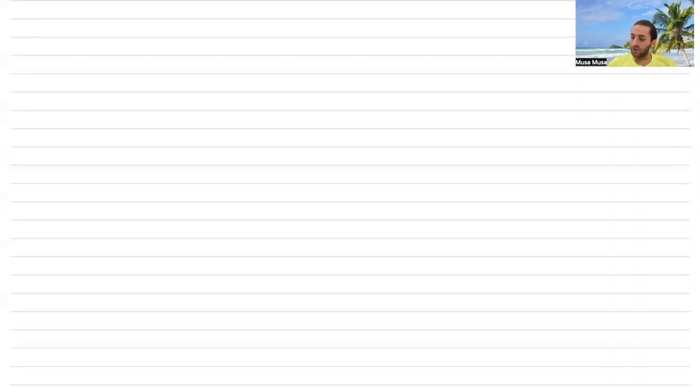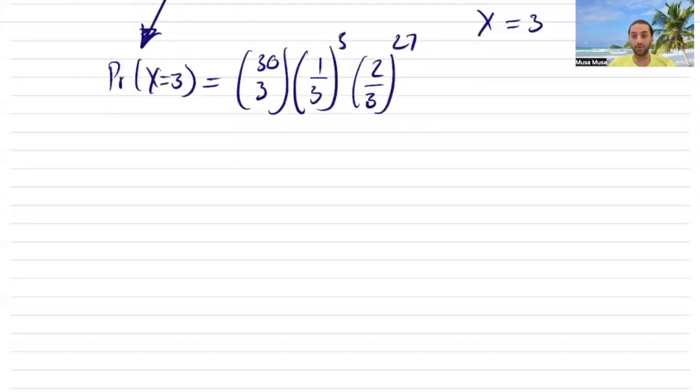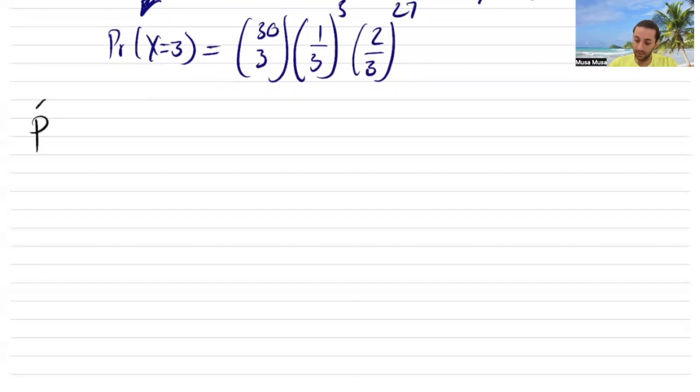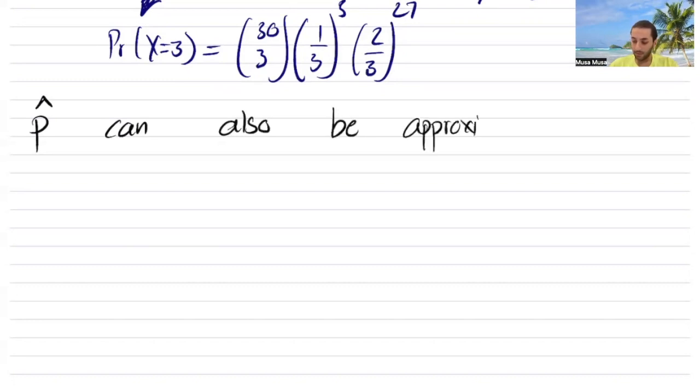Well, just like our binomial distribution being approximated to a normal distribution, our sample proportion can also be approximated to a normal distribution. So p hat can also be approximated to a normal distribution.